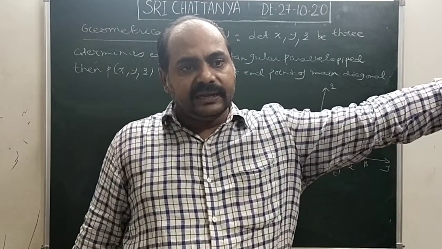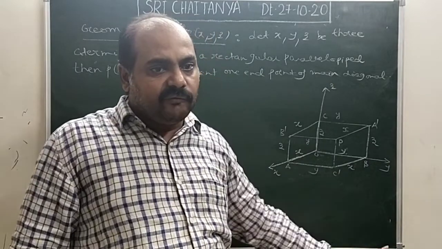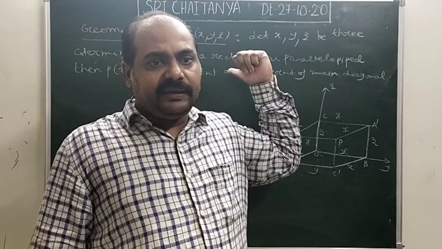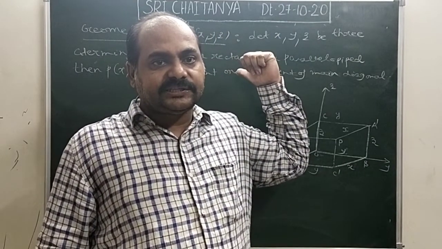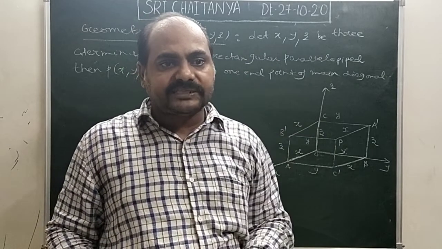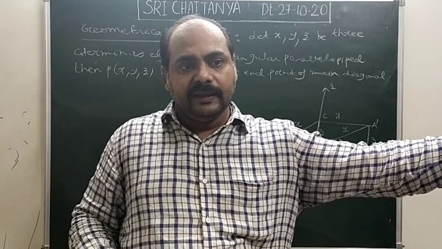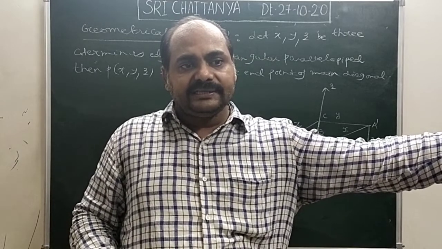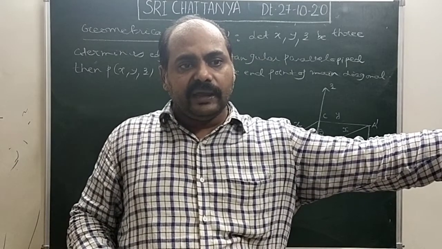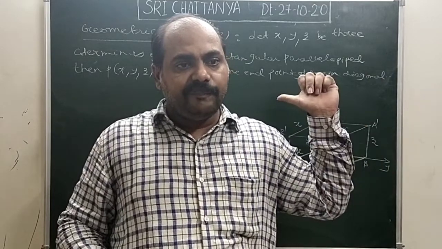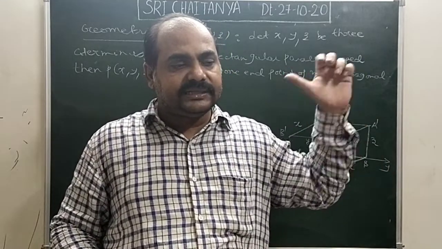Right? Similarly, OX is there, OZ is there. To the back of me, I will take this as ZX plane. Now ground floor is XY plane. To the left of me, YZ plane is there. Borders are OY, OZ. To back of me, borders are OX and OZ. That is ZX plane.